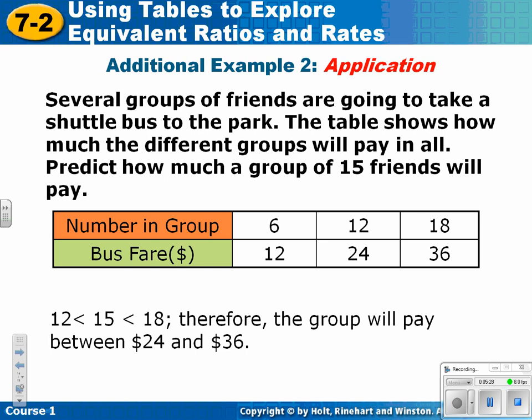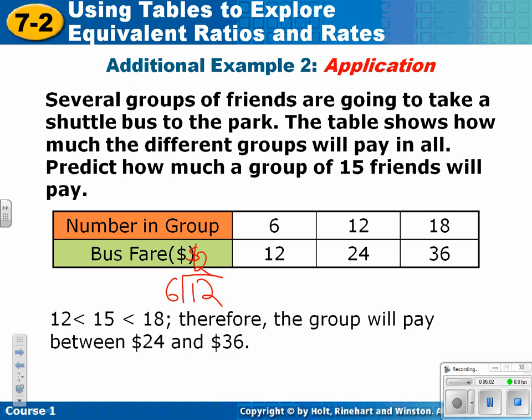Well, we have our total cost, which is 12, divided by the number of people, which is 6. What is 12 divided by 6? 2. So each person pays $2. Well, if each person pays $2, and then you have 15 people, all you got to do is multiply 15 times the number each person pays.